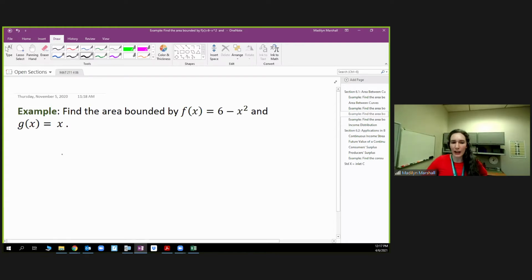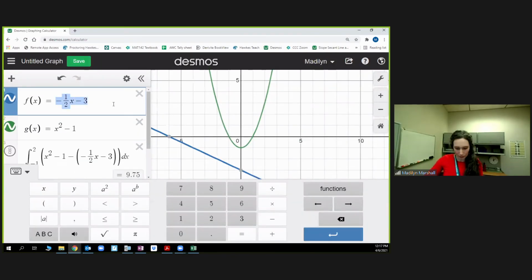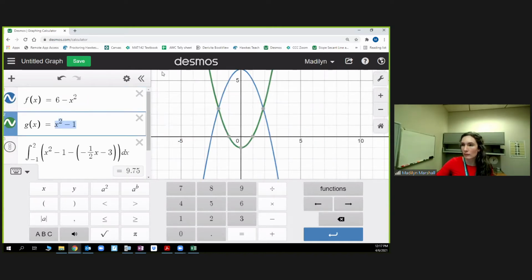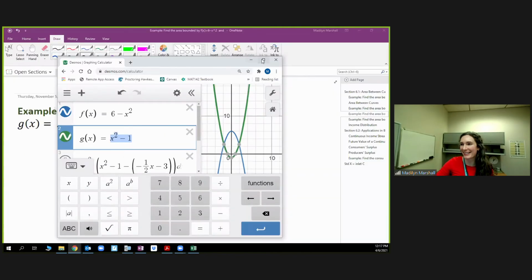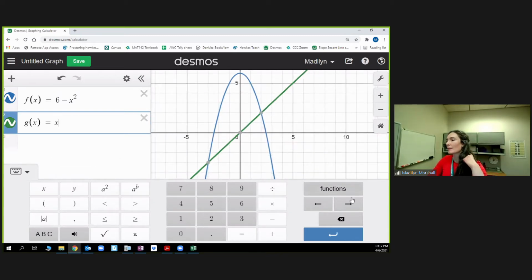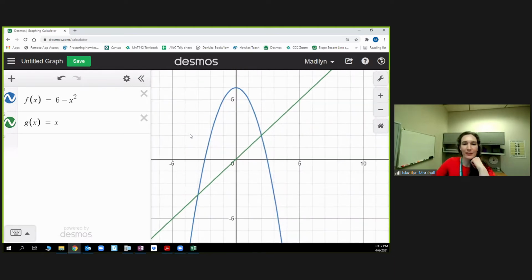So we have the area bounded by f of x equals 6 minus x squared, and g of x equals x. So this is a more specific situation where we don't need those intervals given to us.